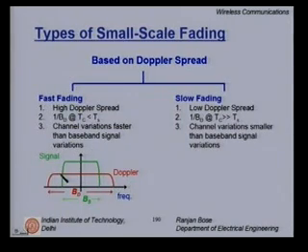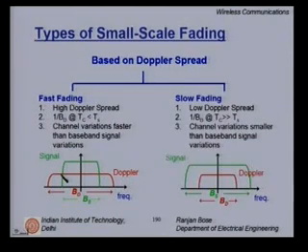This can occur when the vehicle is moving very fast. On the other hand, if we have the other scenario where the green representing the signal bandwidth is much larger than the Doppler spread, then the motion is slow, or the transmitter and receiver are almost static and the channel is not changing very fast. In that case, we have slow fading.